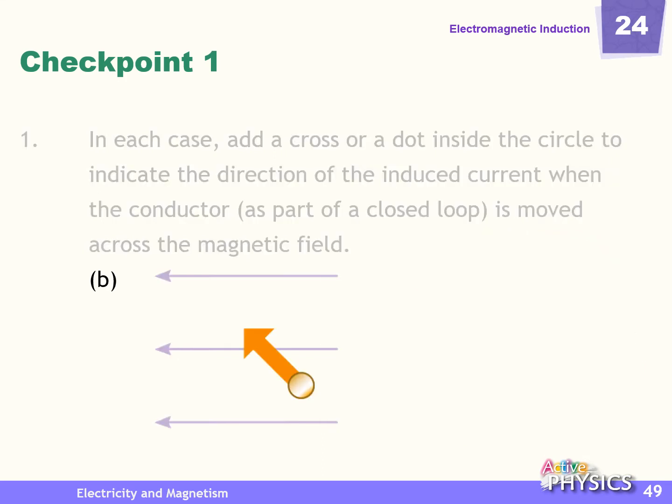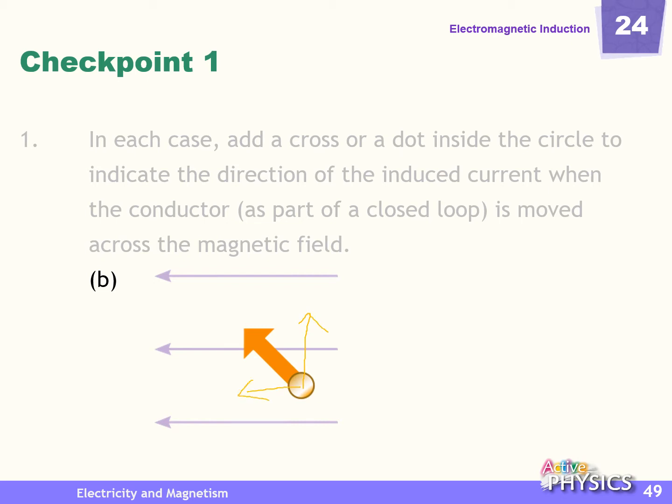So the second one. If the velocity is not perpendicular to the magnetic field, then what can you do? In this case, you can resolve the velocity because velocity is also a vector.